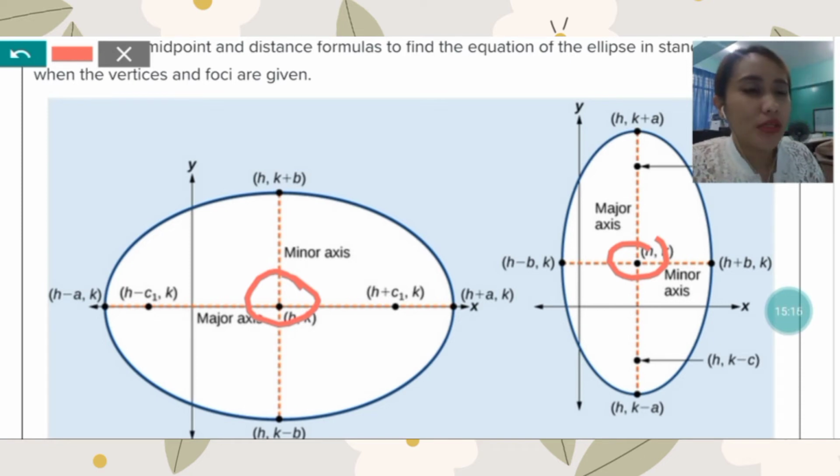Again, these are ellipses wherein the center is no longer at the origin but at a certain point (h, k), so h units horizontally and k units vertically, whatever the orientation of the ellipse might be.